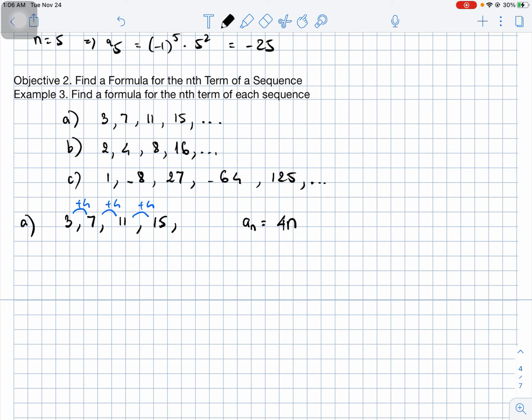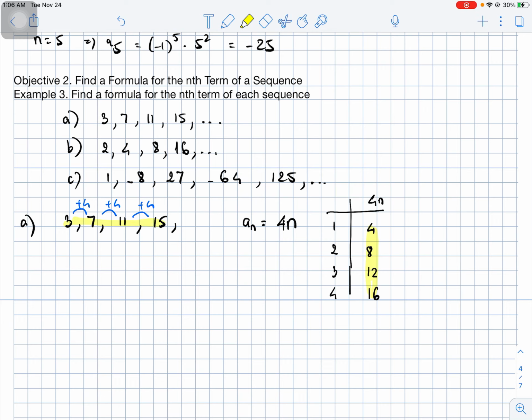Now we make the table. The input will be 1, 2, 3, 4, and the output is 4n. Then we get 4, 8, 12, and 16. Now compare the numbers that we got and the numbers that the problem gives to us.